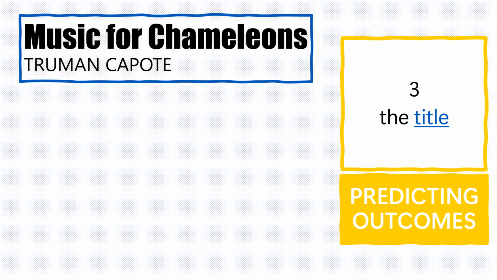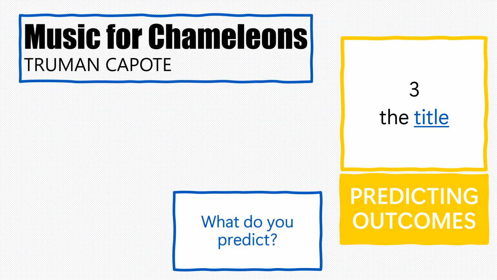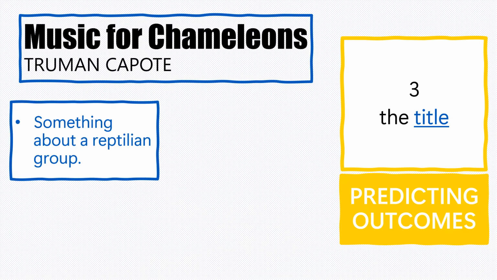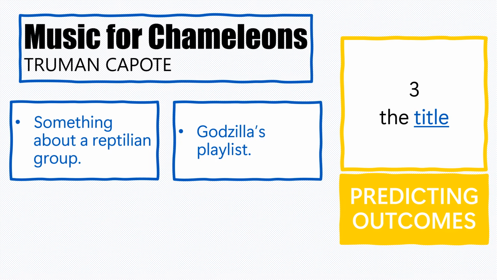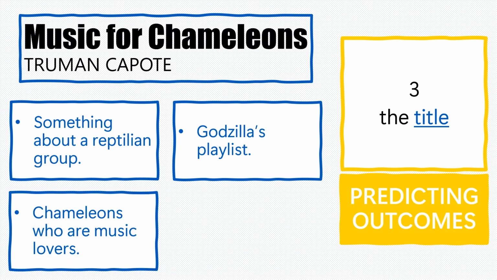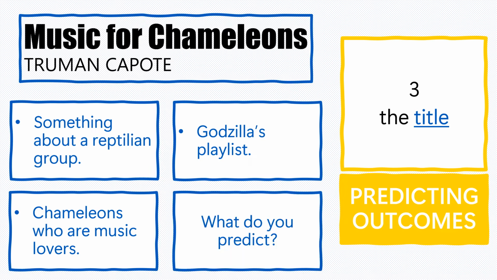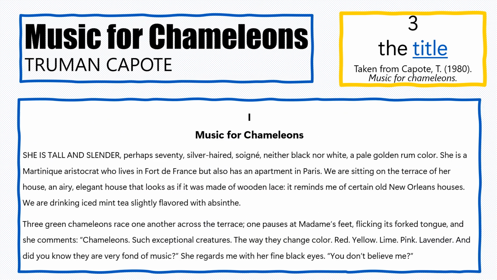Now we are talking about Music for Chameleons by Truman Capote. This one is chronicles from a journalist. So what do you predict based on that title? Could be something about a reptilian group, could be something about Godzilla's playlist, or chameleons who are music lovers. Let us see.